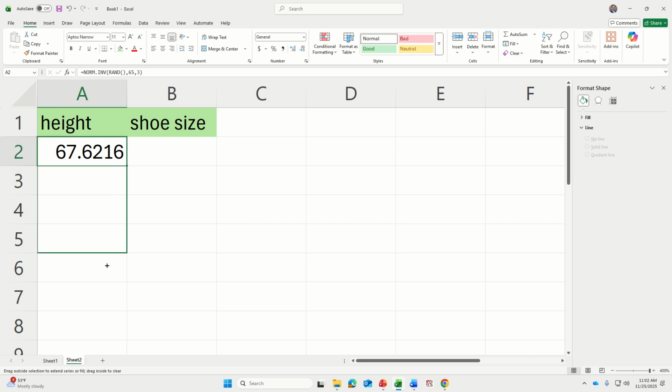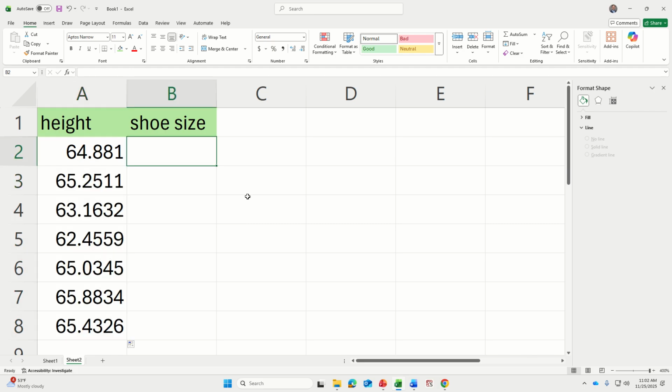So maybe this is the height of a few students. And their shoe size is going to be, what's the average shoe size? Like an 8. And then standard deviations, maybe like a 2.